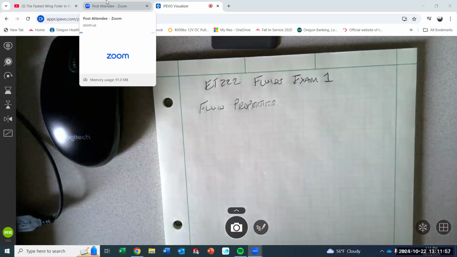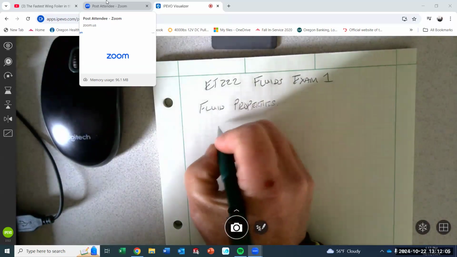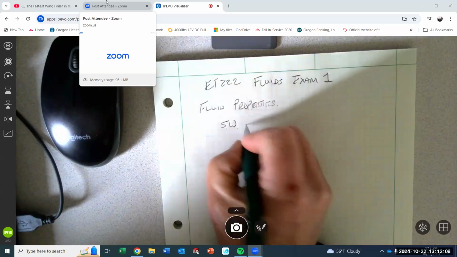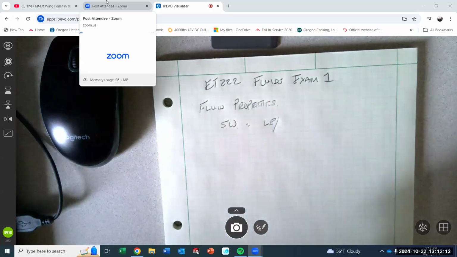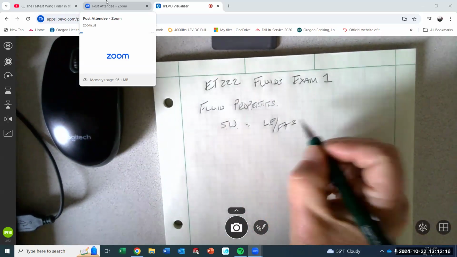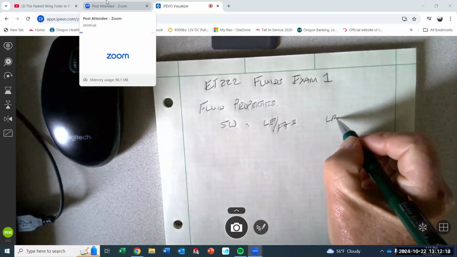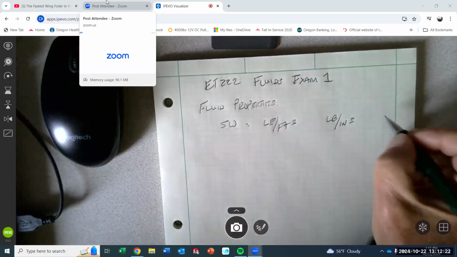So know your fluid properties and kind of what we did with them. This was the density lab, for example. So we have specific weight. Remember that that is pounds because of the weight. It's pounds per foot cubed or pounds per inch cubed, or weight per volume, right?